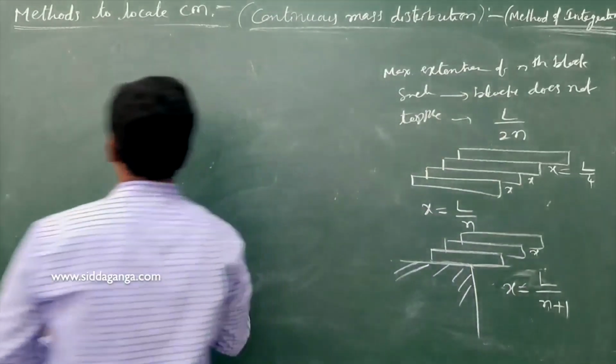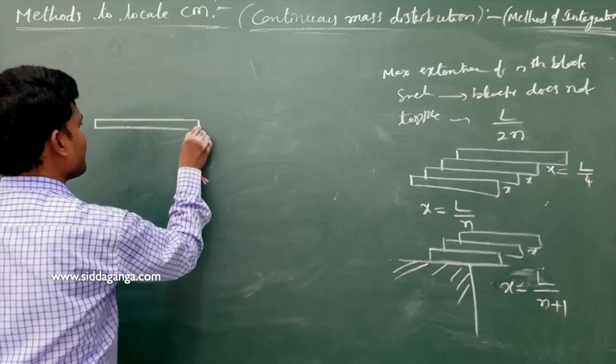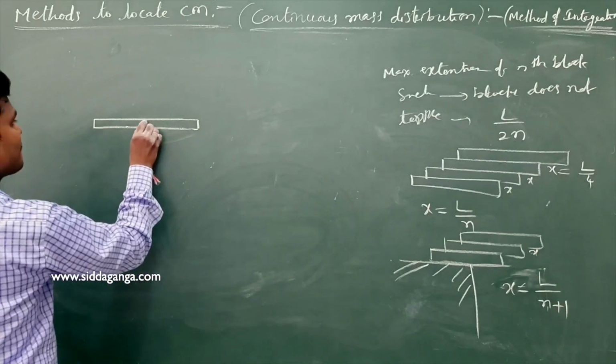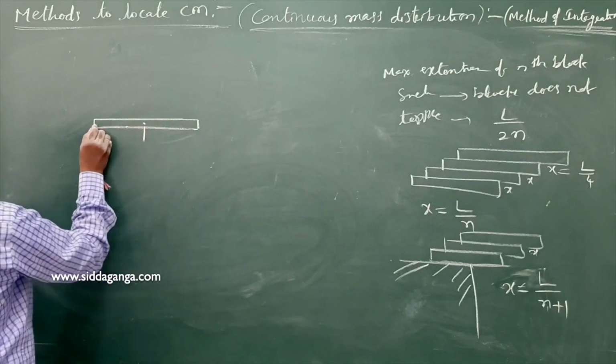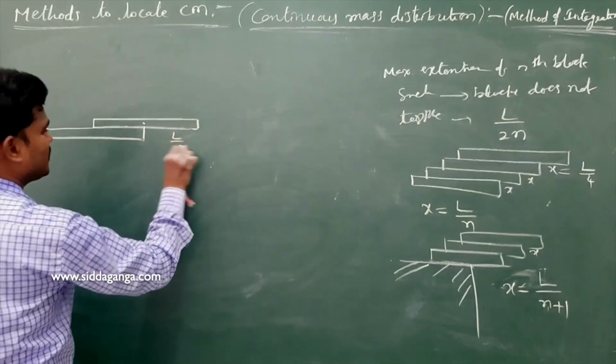So like that they are placed. See, this is one block. And here another block is like this. This is how much? L by 2.